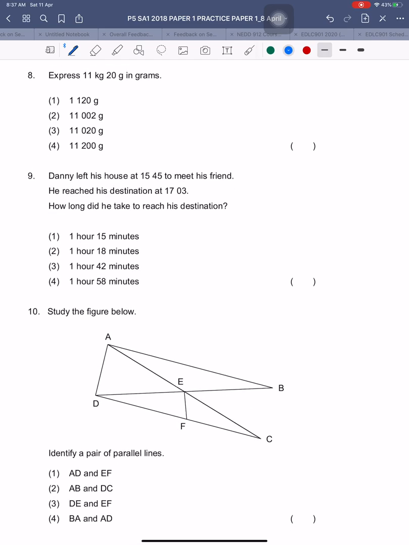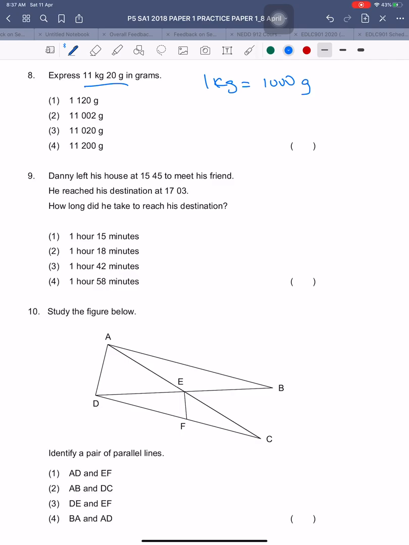Alright, let's go on to question number 8. Express 11 kg and 20 gram in grams. Now, many of you have forgotten that 1 kg is actually 1000 grams. Some of you thought it is 100.